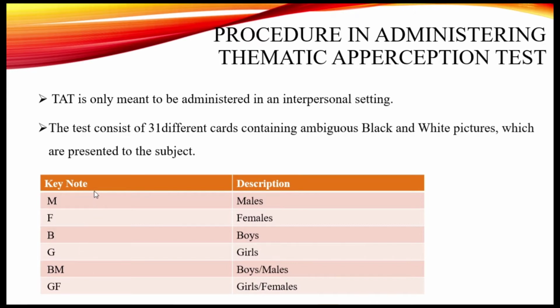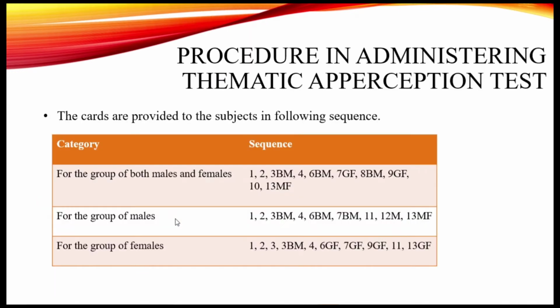What are the keynotes? These are our keynotes: M, F, B, G, BM, and GF. M for males, F for females, B for boys, G for girls, BM for boys and males, GF for girls and females. We will see later on what these letters are used for.